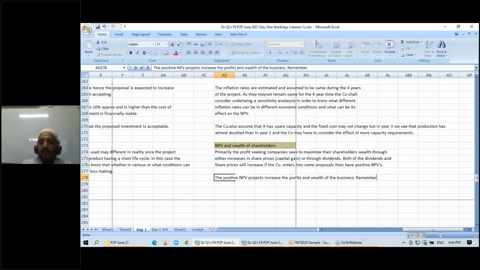Remember that NPV is calculated using present value, which discounts the cash flows using the shareholders' required rate of return.